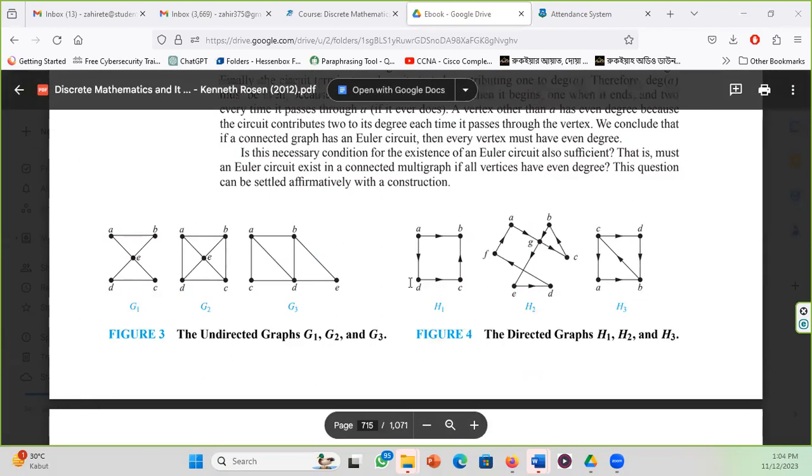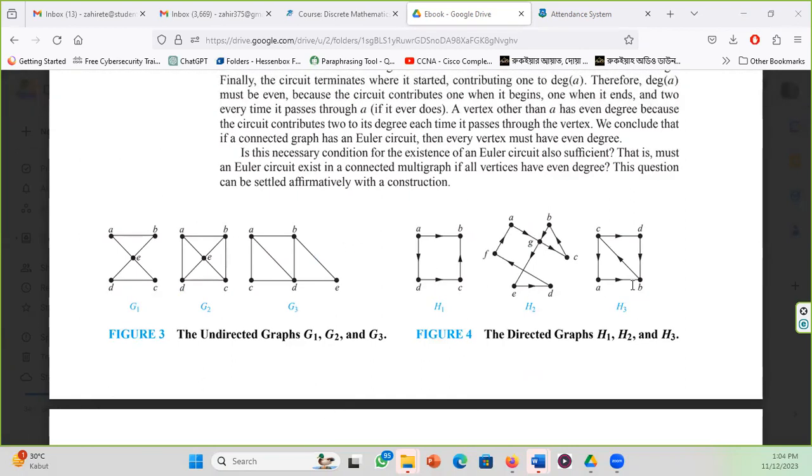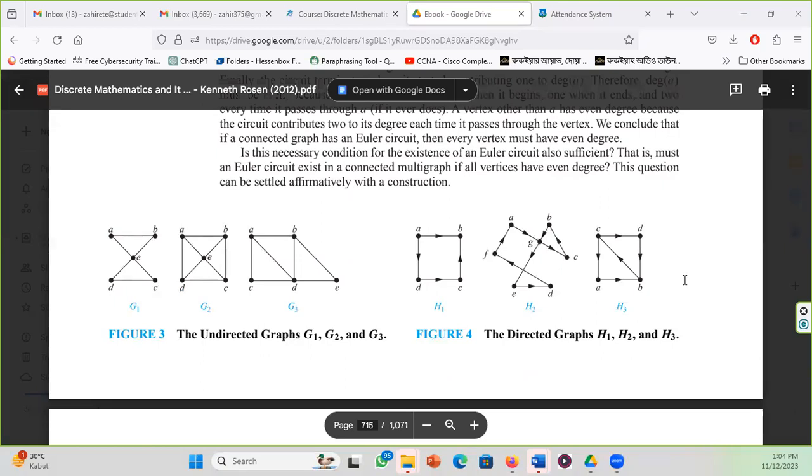So can you tell me which graph, H1, H2, H3, has the Euler path? H3. H1? H2. Like if you see, possible?